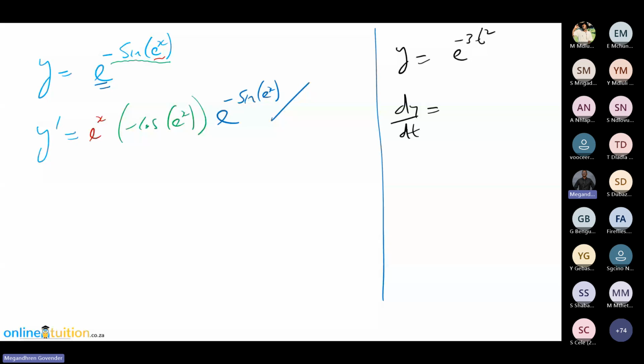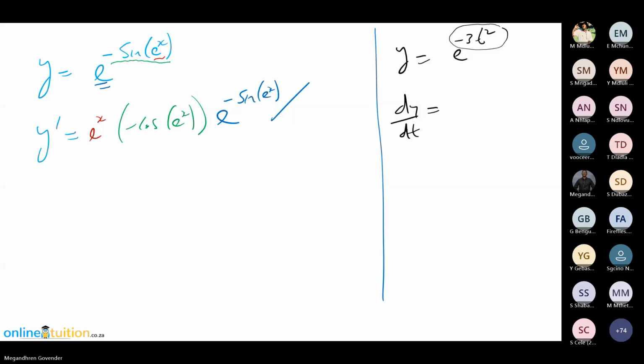Anybody? Think carefully. This is the inner function. So what's the derivative of minus 3t squared?